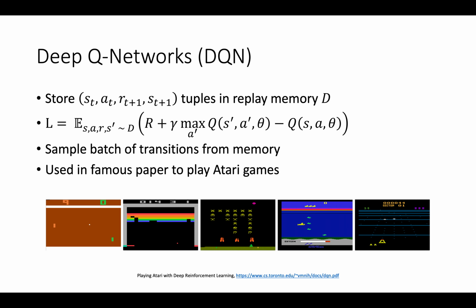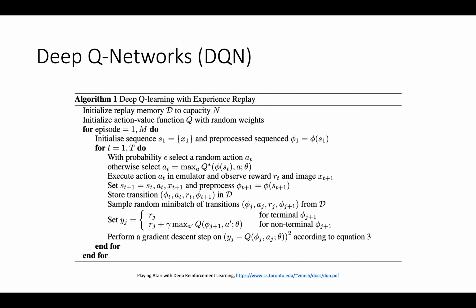In this case, they use a CNN to approximate the action value function. And here's the algorithm listed if you want to review it.